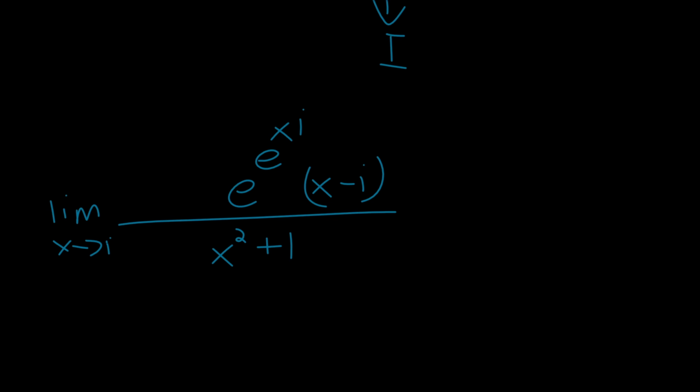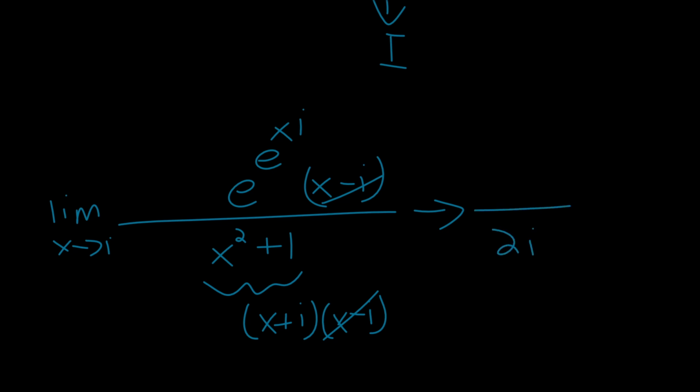And we'll note that these terms cancel because this can be factored as x plus i, x minus i, and we'll see this cancel right there, meaning that we can just plug and chug. In the denominator we have 2i, and in the numerator we have e to the i squared, which is just negative 1, which is e to the negative 1, which is just 1 over e.